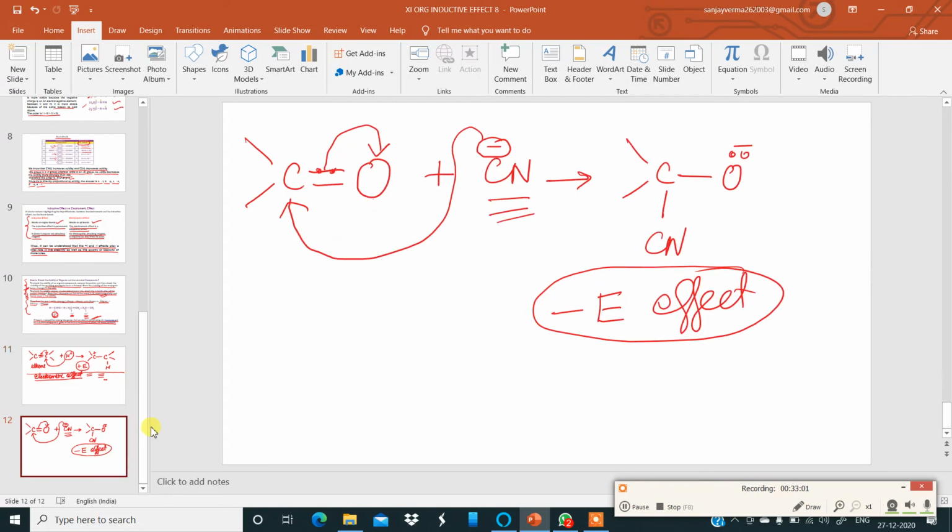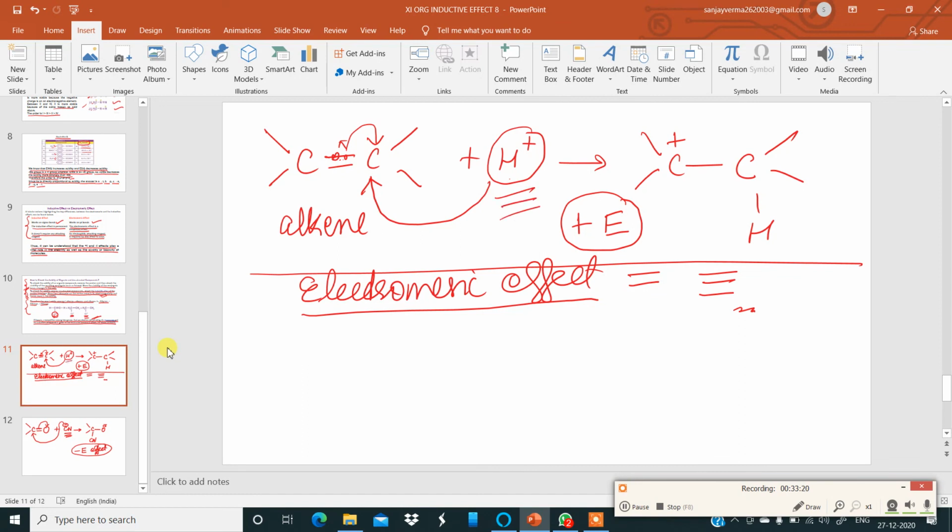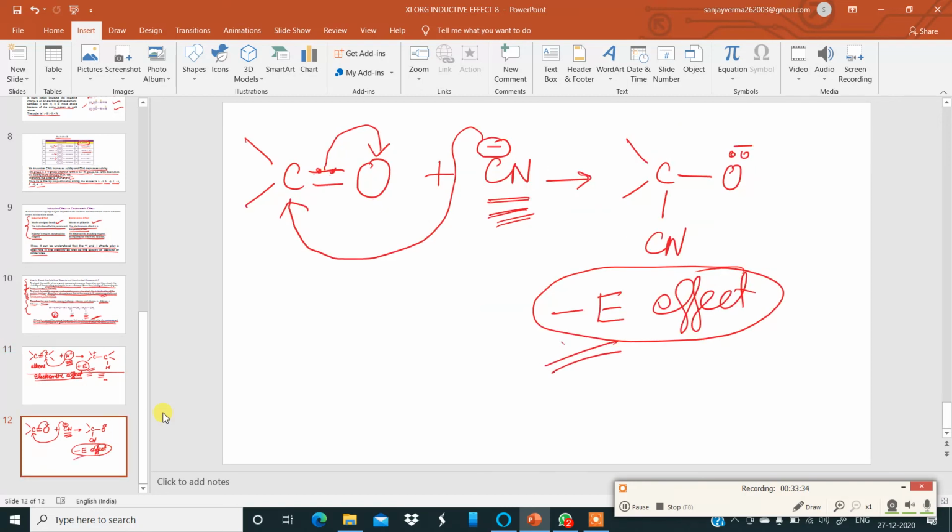But in the case of the minus E effect, the electron displacement is happening on the other atom, not on the carbon to which the attacking reagent is attaching. This is a nucleophile, whereas the hydrogen proton is an electrophile, electron loving. So this was all about the electromeric effect. There are two types: the plus E effect and the minus E effect.